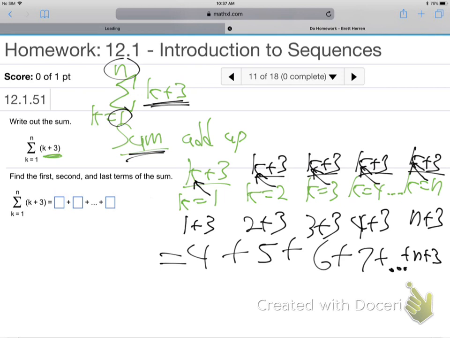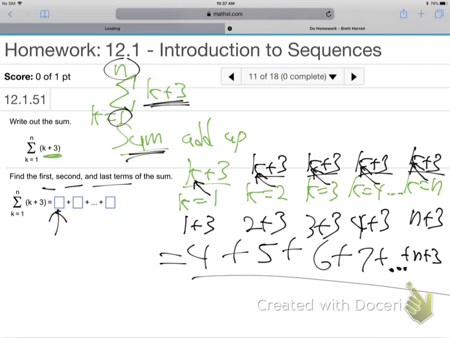So it's saying plug into k plus 3, start at k equals 1, then 2, then 3, then 4, all the way to n. We don't even know what n is. You just keep plugging into the k plus 3 formula, and then add them up. That's what the big Greek S means, sum. Put plus signs between all those. They say, give me the first, second, and last.